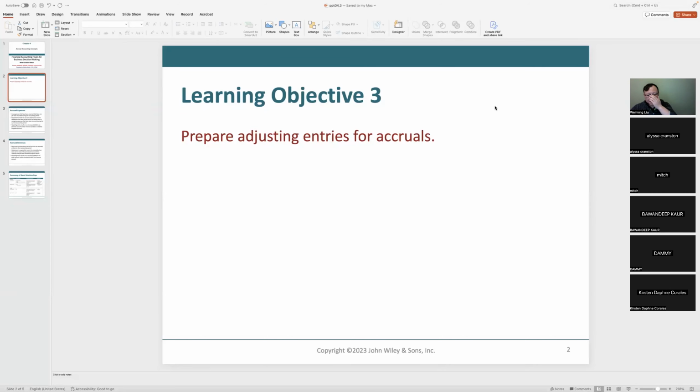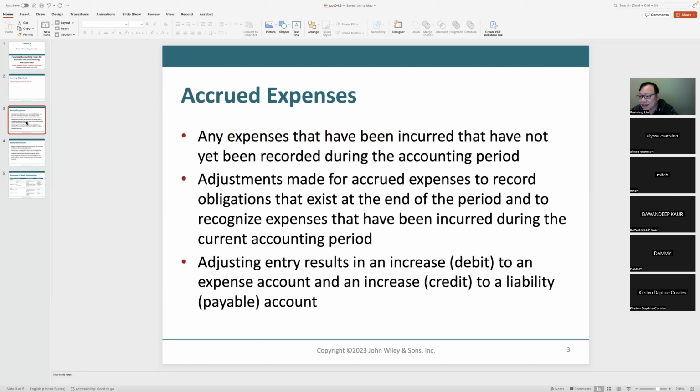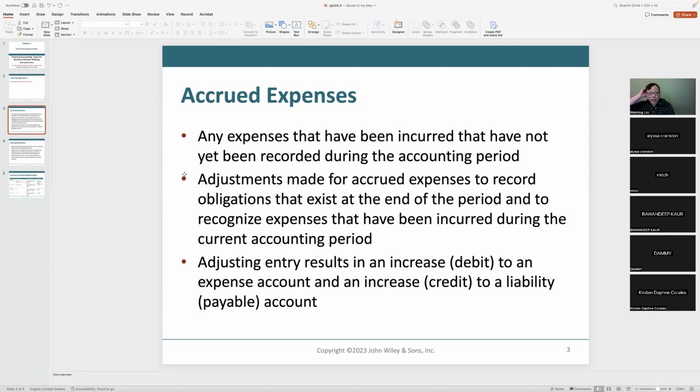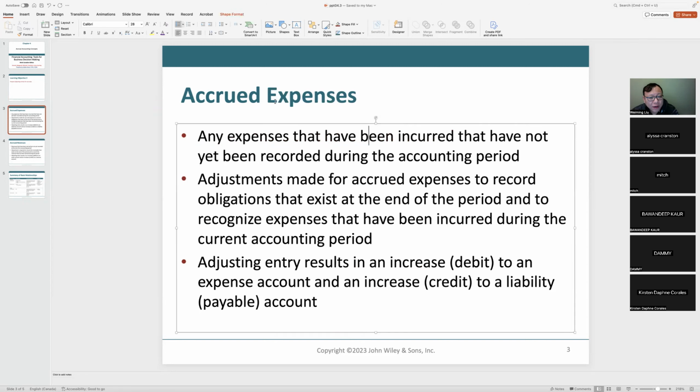So learning objective 3, prepare adjusting entries for accruals. So what are accrued expenses? Accrued expenses are those that have been incurred but have not been recorded during the accounting period.